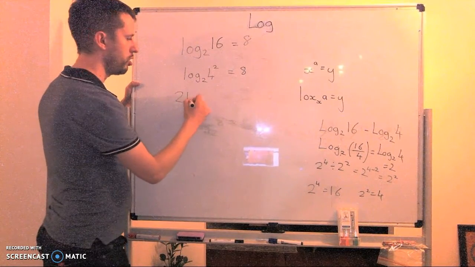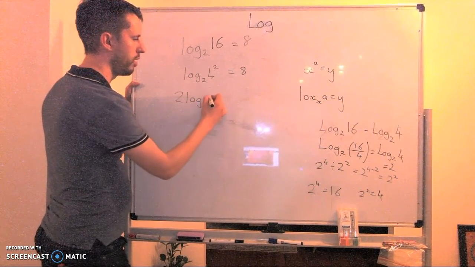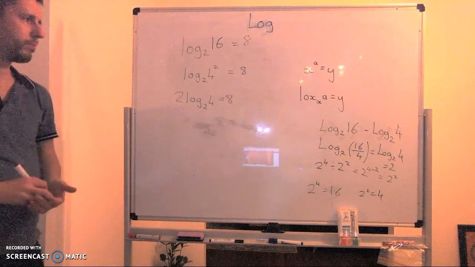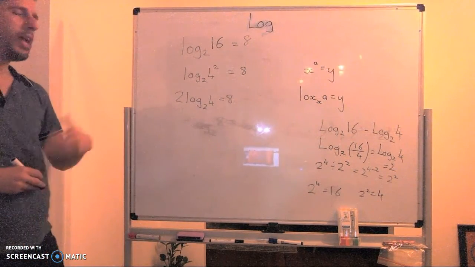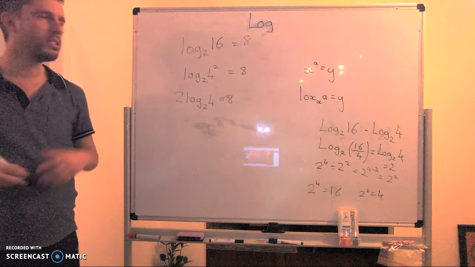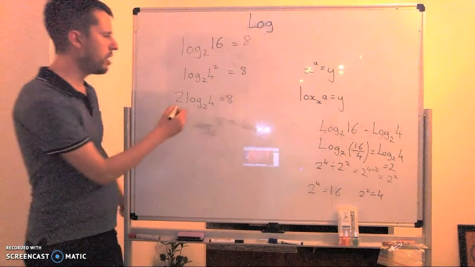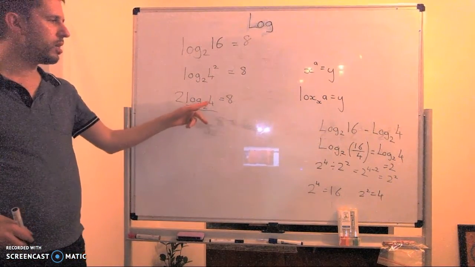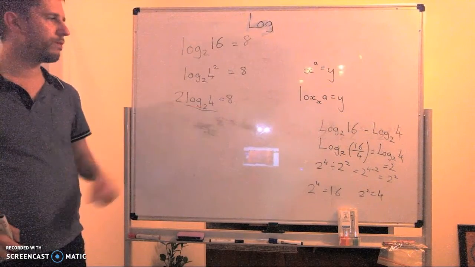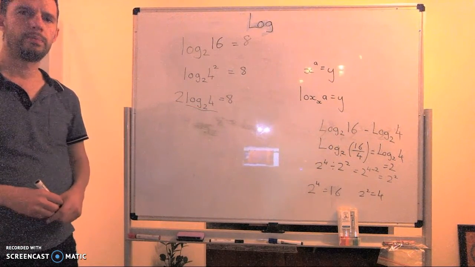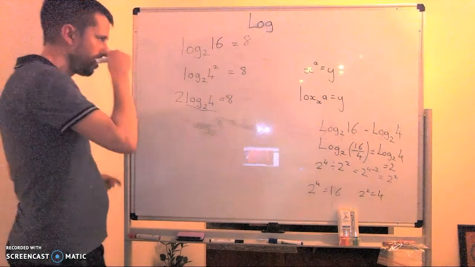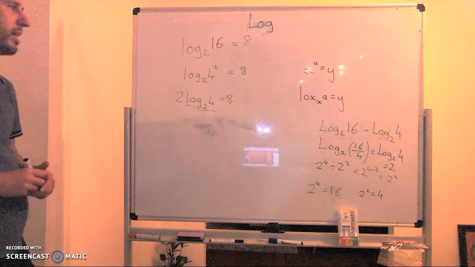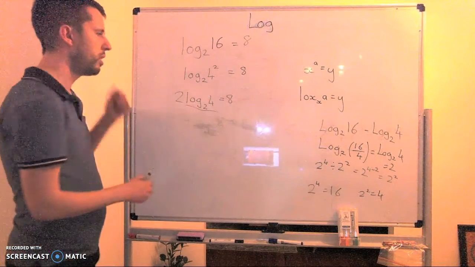And it becomes 2 log base 2 of 4 is equal to 8. Okay, now the next step that we need to think about, and this is going to help us solve this. If I look at log 2 of 4, what exponent does base 2 need to have to get to 4? That's our question.